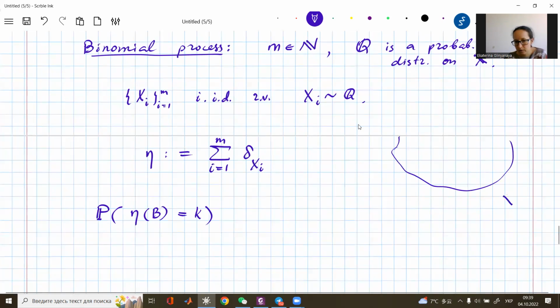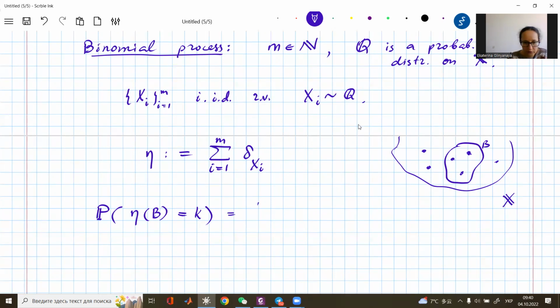This is my whole space X, and I have here m points, and I consider a subset B. I want to calculate the probability that I have exactly k points in this subset B. What should I do? First, I should choose these k points out of the total number m.